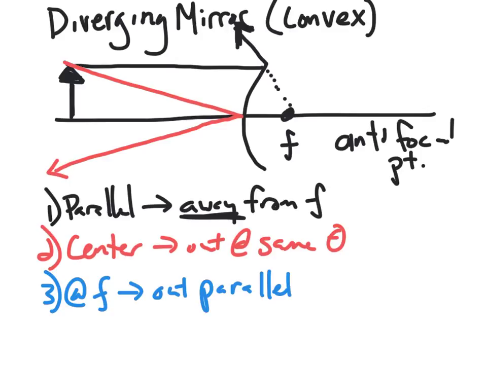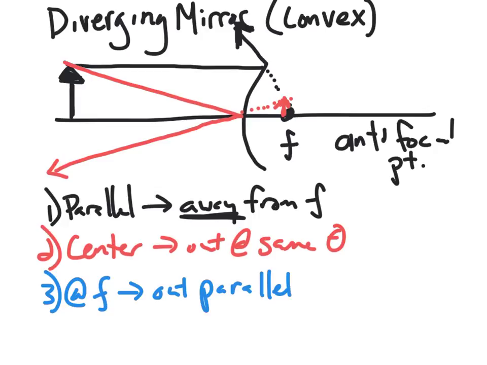And from there, you can already see where the image is going to be, because this one gets followed back to here, and this one gets followed back to here, so they're going to meet up right here. And so my object is going to show up as a little tiny arrow right here.